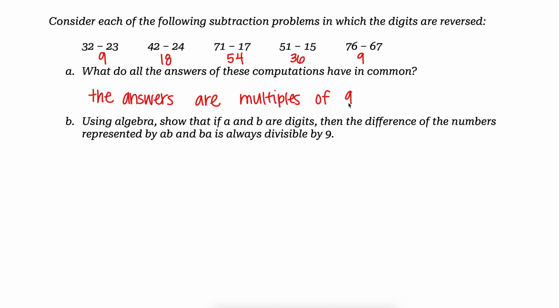Part B says, using algebra, we're now going to generalize this. Show that if A and B are digits, then the difference of the numbers represented by AB and BA is always divisible by 9. So if we have the number that we typically write as AB, technically, dealing with place values, we've got the A in the tens place, the B in the ones place.